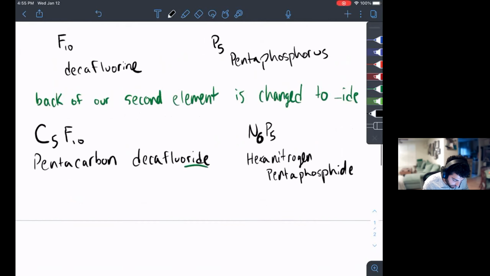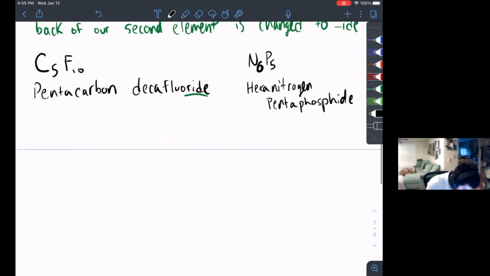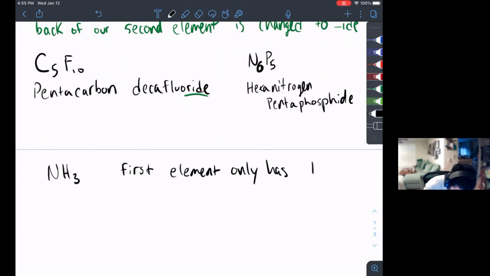The absolute last thing we want to talk about is what if we have NH3? Well, if the first element only has one, we don't use mono.